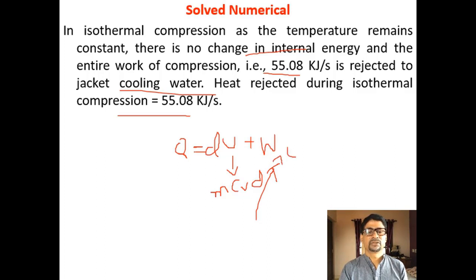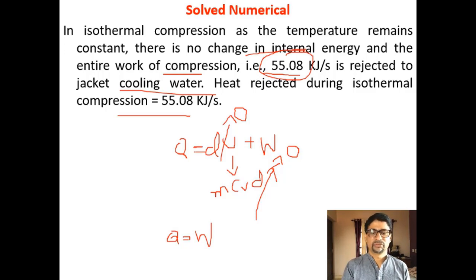If dT tends to 0, then dU also tends to 0. So then Q, heat transfer, becomes equal to work. Q becomes equal to work in case of isothermal process. Therefore, the heat rejected during isothermal process is also equal to the work of compression, that is 55.08 kilojoules per second. Don't express it in kilowatt because it is the unit for heat.